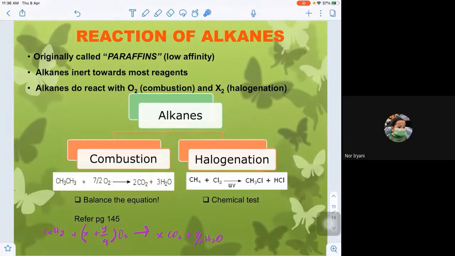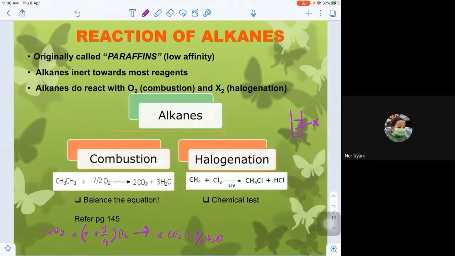If we want to test the presence of alkane, let's say I have a compound in a beaker. This is X. I don't know what X is, and you have to identify it. Then you can predict, oh, X may be alkane.